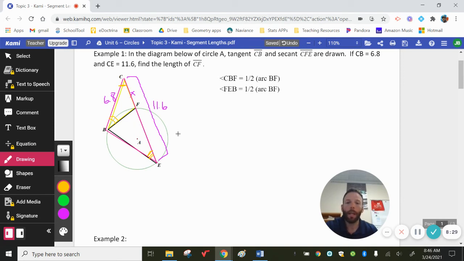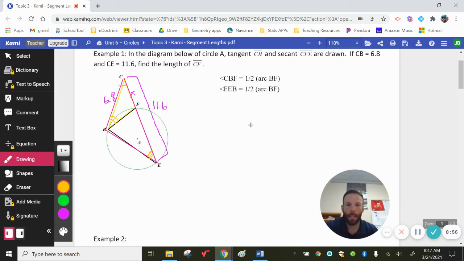Now, here's what I know is true. The angle C in yellow is the same as the angle C in pink. And the angle CBF in my yellow triangle is the same as the angle CEB in my pink triangle. So I already have 2 pairs of angles that are the same in each of those triangles. Therefore, those triangles must be similar to each other.